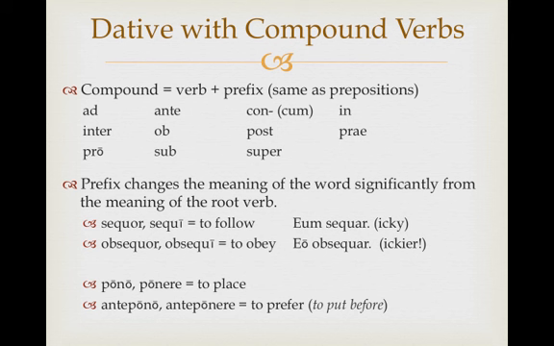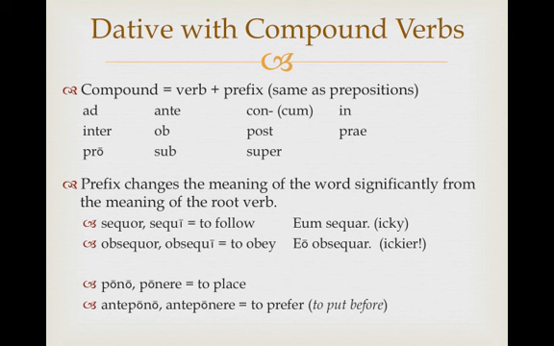Okay. Now, not every compound verb is going to take dative with the compound verb. It's only if the prefix changes the meaning of the word significantly from the meaning of the root verb. Okay, so if the compound doesn't really change it very much, think of the difference between iuvo and adiuvo. Iuvo means to help, adiuvo means to help.